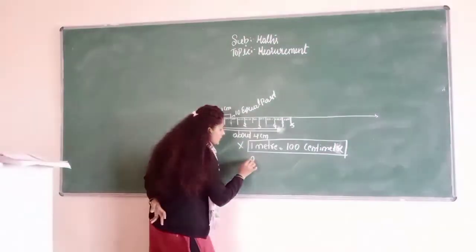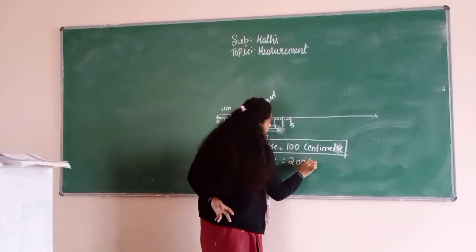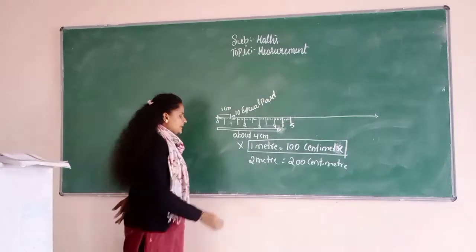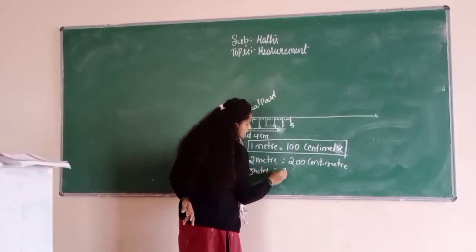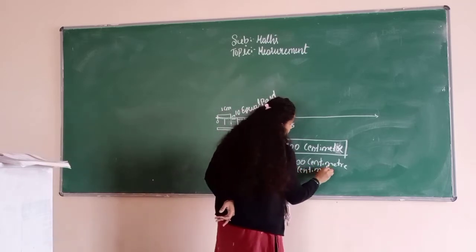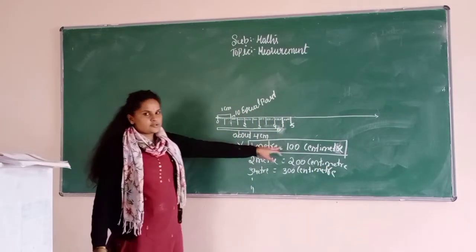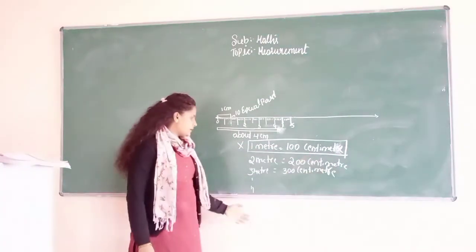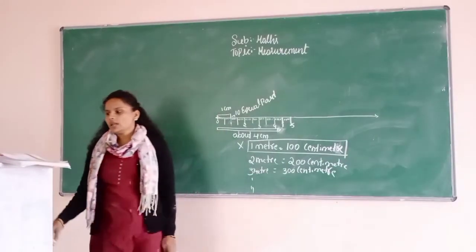So 2 meter is equal to 200 centimeter. 3 meter is equal to 300 centimeter, and so on. 5 meter is equal to 500 centimeter.